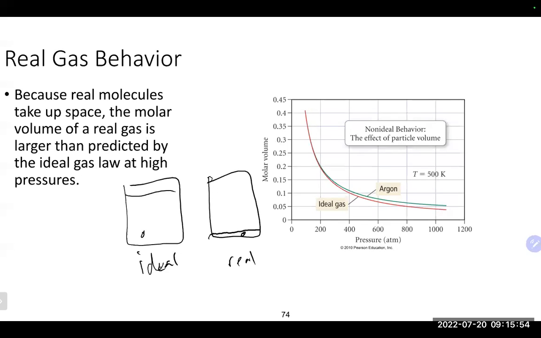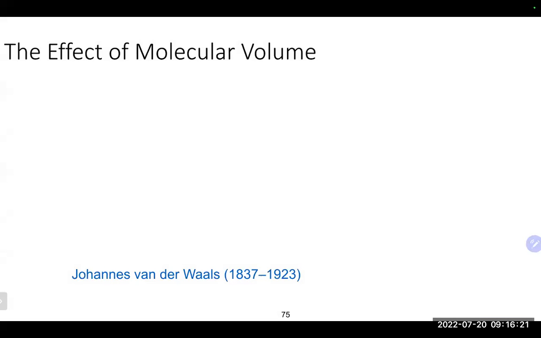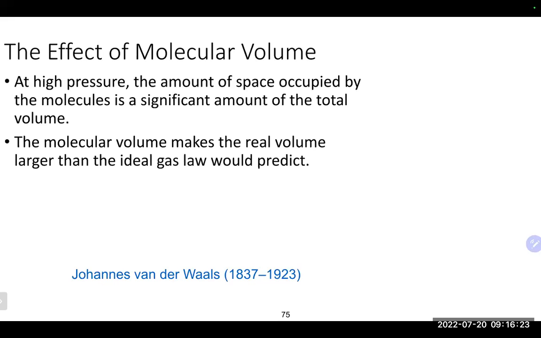We see that in an ideal situation, which is our reddish line, it does basically hang on ideally, but as we start building up those pressures, we see that it becomes a little bit lower than what we would expect in an ideal situation. Sorry, a little bit higher in a non-ideal situation. The ideal is a little bit lower in that graph, the molar volume, which is our 22.414 number.